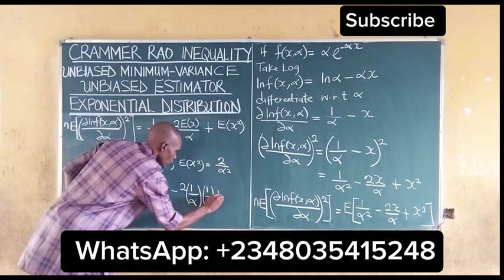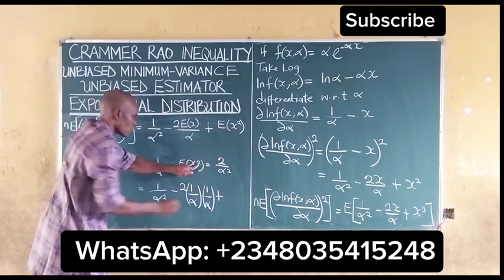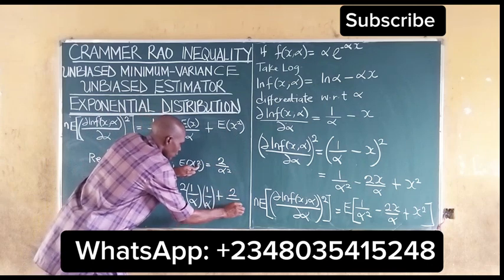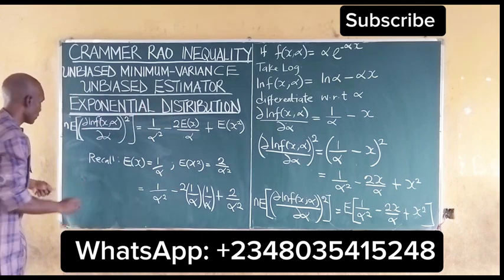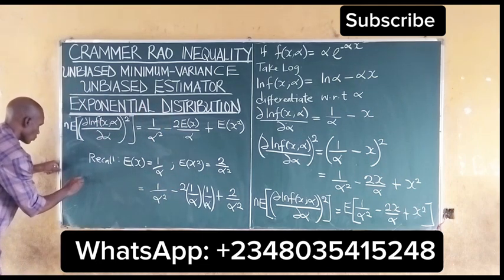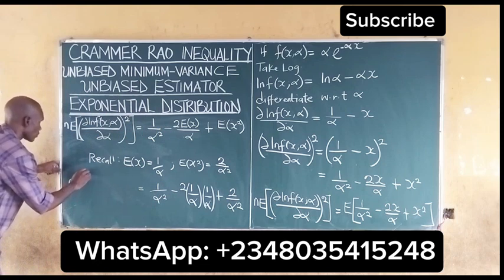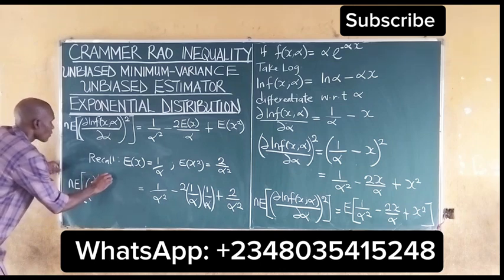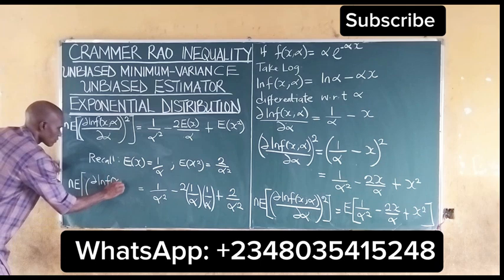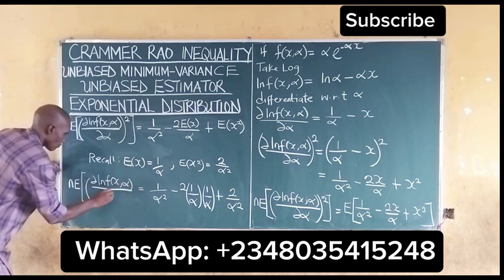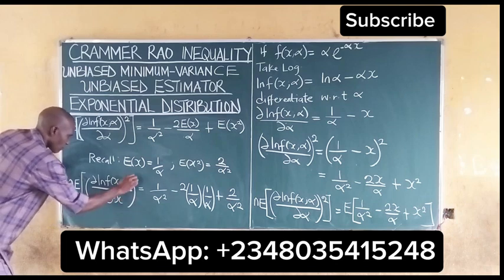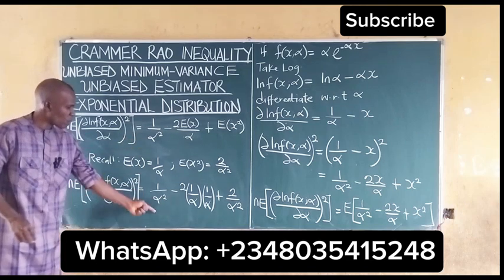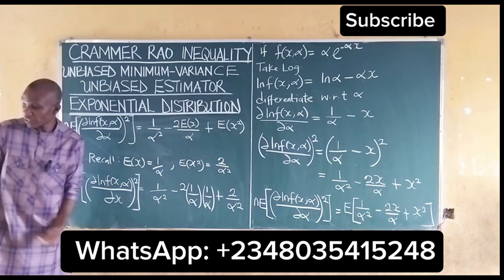Now plus the expected value of x squared, which gives us 2 all over phi squared. So this is what we get, which is also equal to the expectation of our differential log of our given function, all squared. So we move over here and rearrange this.